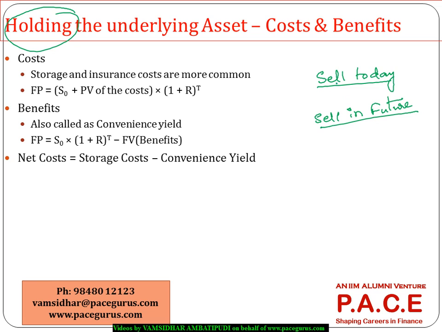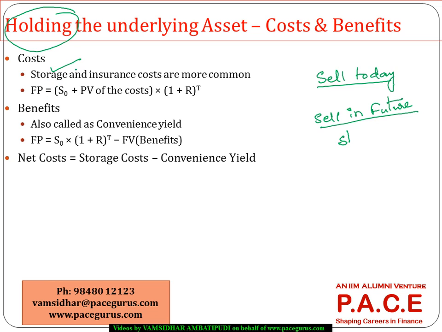When I am selling in future, there are some extra costs that are incurred for me. The most general costs that we are looking at are the storage costs. Probably there may be some perishability depending on whether it's a commodity or a financial security, or what the underlying asset is.